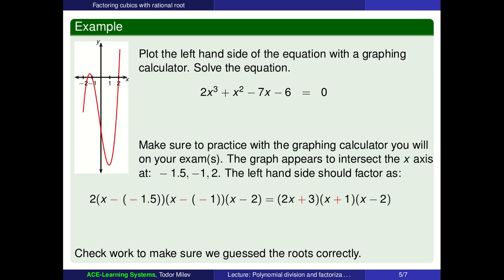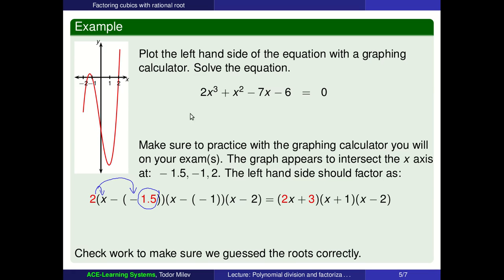First, minus with minus. So x minus minus 1.5 is x plus 1.5. X minus minus 1 is x plus 1. And just a reminder, in order to not have to deal with decimal numbers, I'm going to take the number 2 and distribute it inside the parentheses.